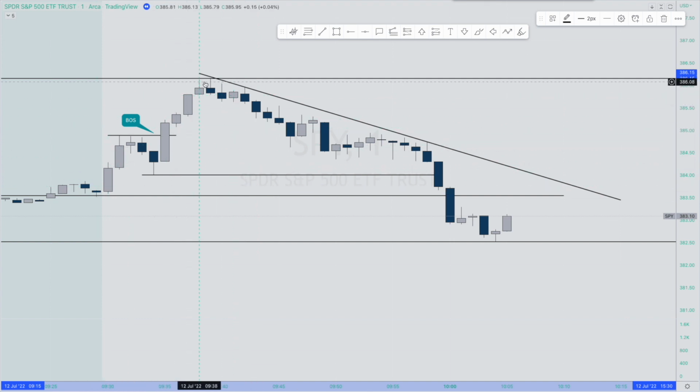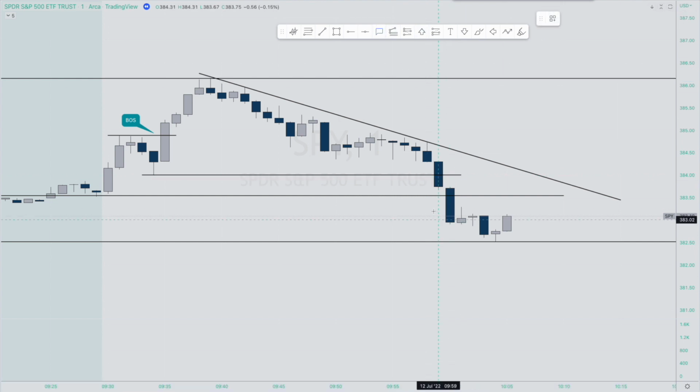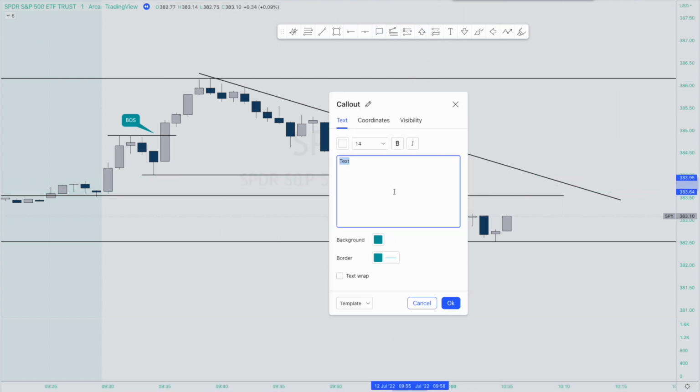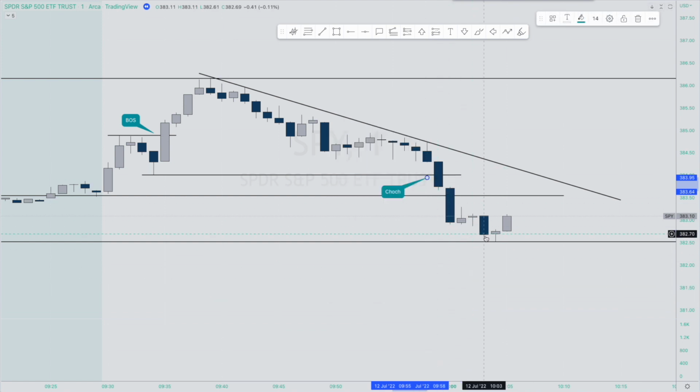We are in an uptrend right here. So we did not know that we were going to have a change of character all the way until 30 minutes later. So we worked our way all the way back down. We finally get a change of character right here. So here's your change of character to the downside. We make a low.